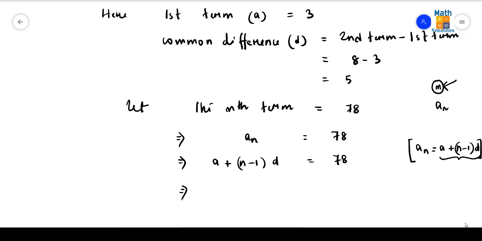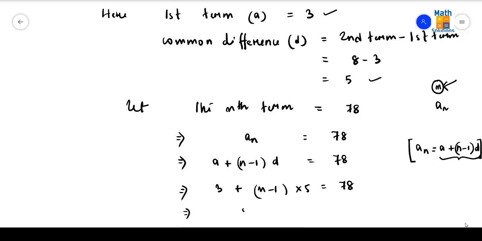In previous steps we had already evaluated a and d. So in place of a I'm going to put 3, and in place of d I'm going to write 5, that is equal to 78.